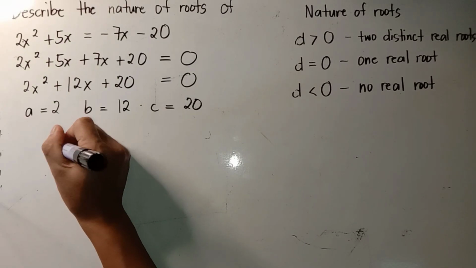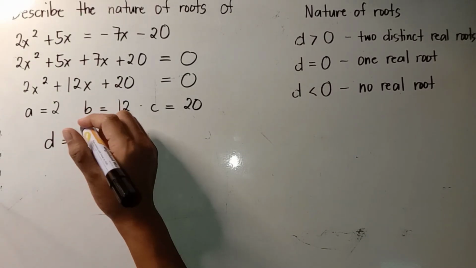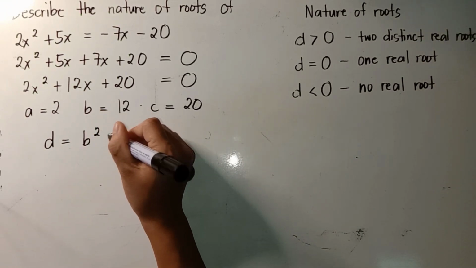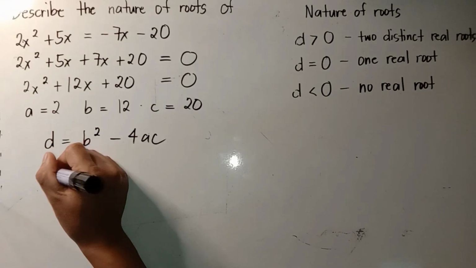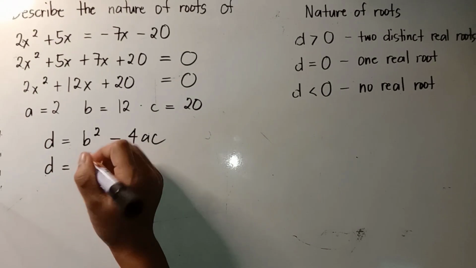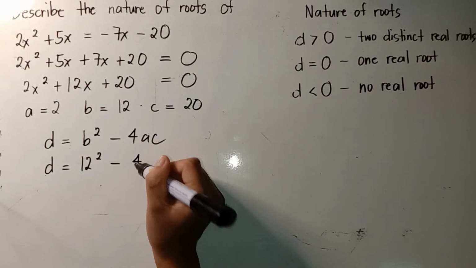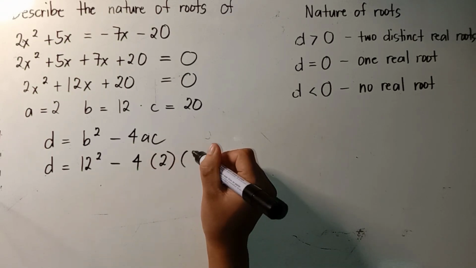Next, we will plug in these obtained values into the formula. D is equal to b squared minus 4ac. D equals 12 squared minus 4 times 2 times 20.